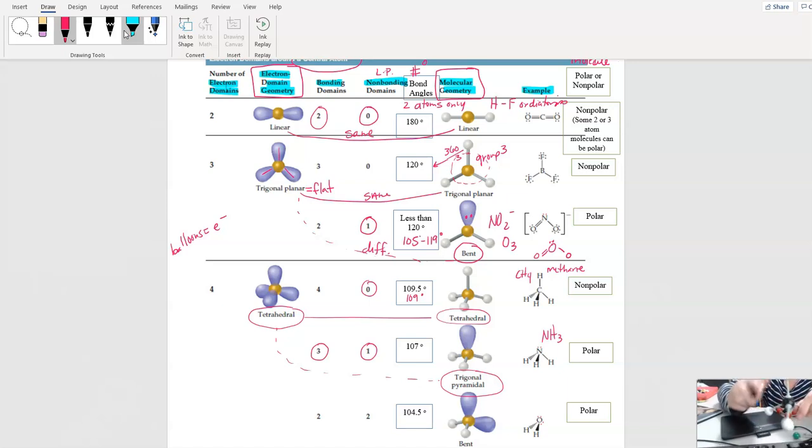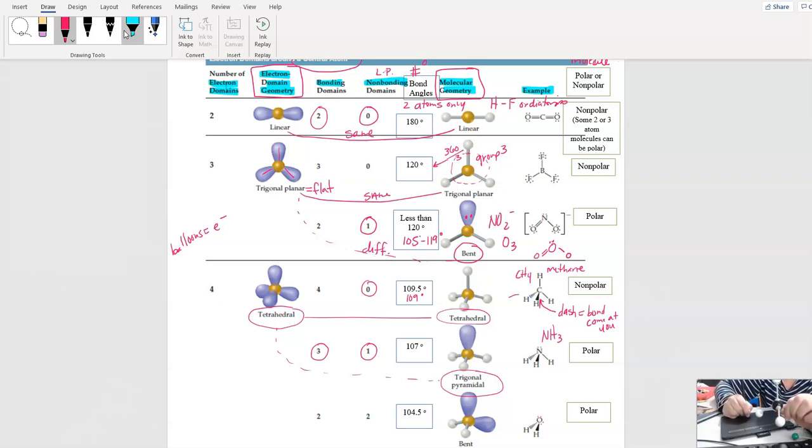So what they do is they do these little dashes and wedges, and basically the solid, that means that the bond is literally coming at you, like it's coming out of the paper, like it's attacking you kind of thing. Just kidding. Sorry, I'm having too much fun.